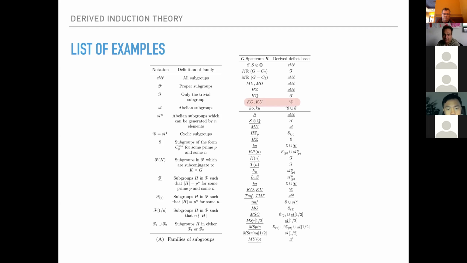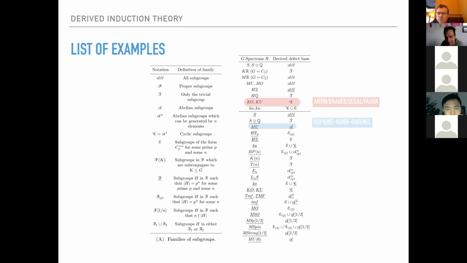So if we look at this, we have genuine equivariant complex and real K theory. And those are nilpotent for the cyclic subgroups. So using the fact that pi naught of these things is the representation ring, you get the actual Artin induction theorems, as well as an F-nilpotence type statement. If we look at Borel equivariant MU, it's nilpotent for abelian p-groups, where p is allowed to vary over the primes.